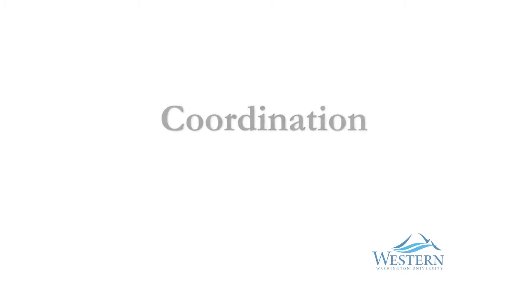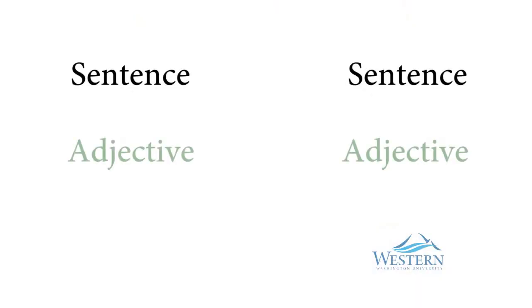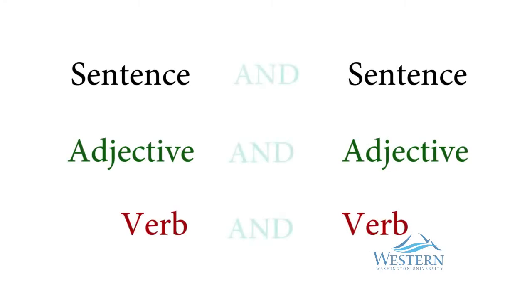That's still a pretty simple sentence, so we can use a word called and to add even more information. And when you use and, you're using something called coordination. So you're taking two things that are the same, like 2 sentences or 2 adjectives or 2 verbs, and you're putting and in the middle. So maybe Joe didn't just eat a hamburger.